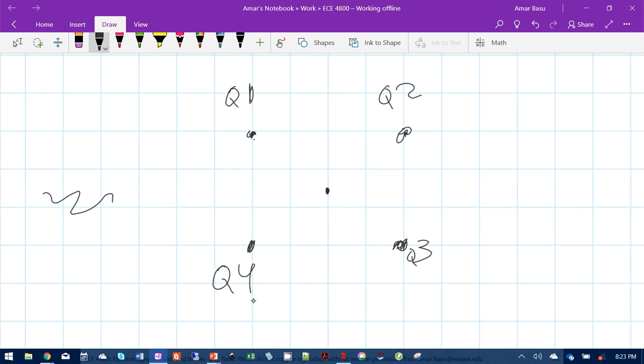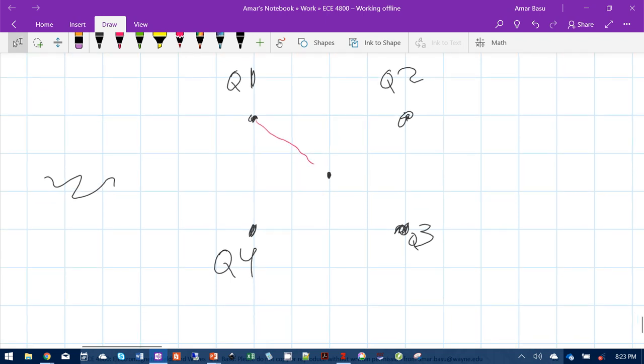If we were to draw a straight line to the observation point, the electric field will point in this direction. The electric field from Q2 will point in this direction. Electric field from Q3 will point in this direction, and so on. And Q4 will point in that last direction there.